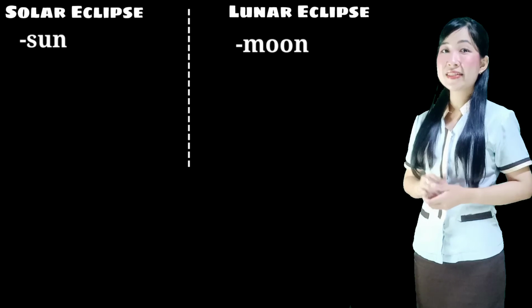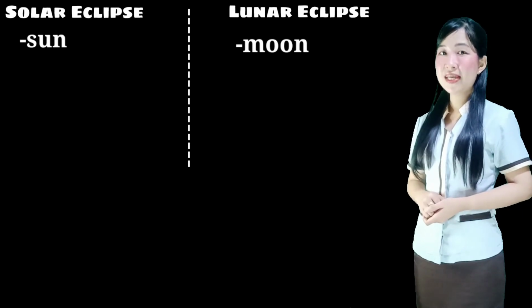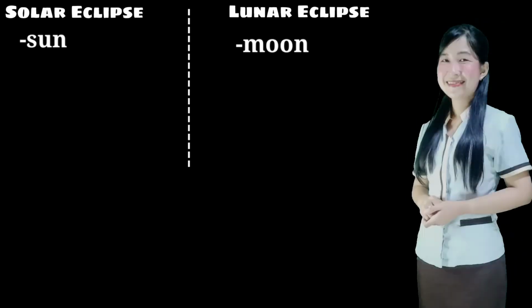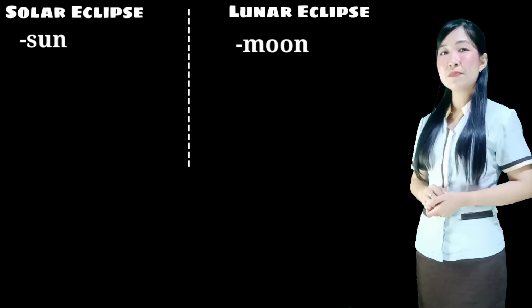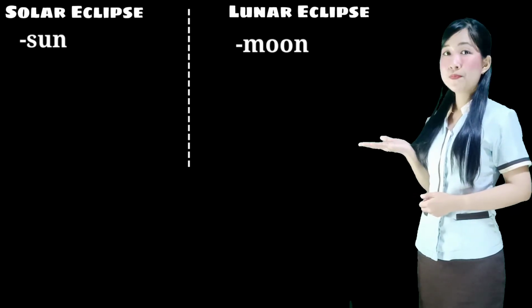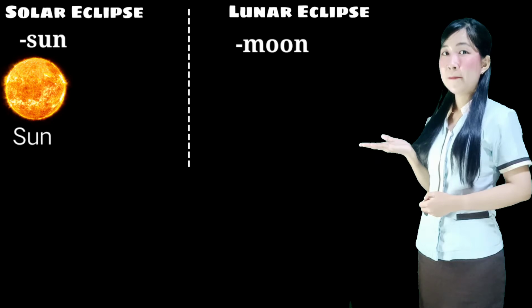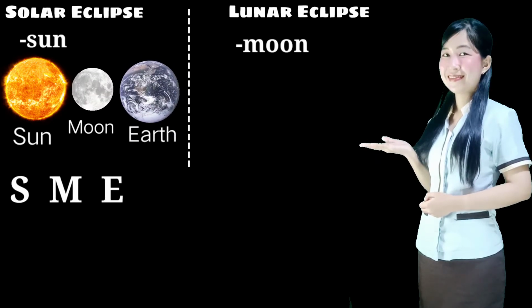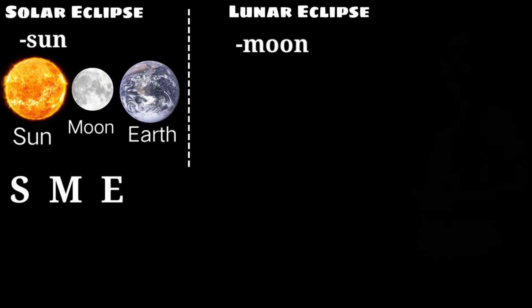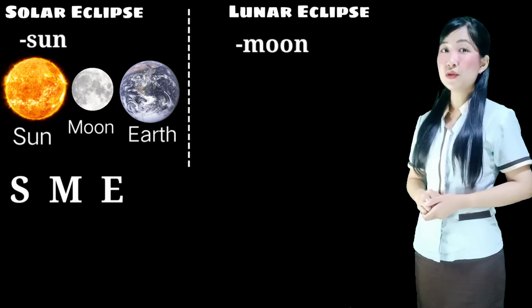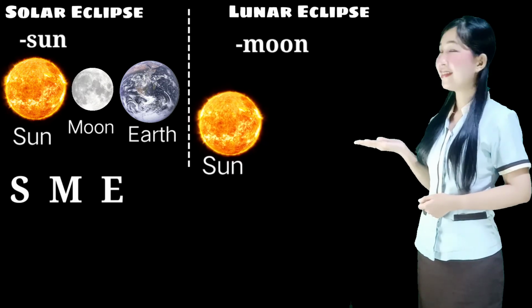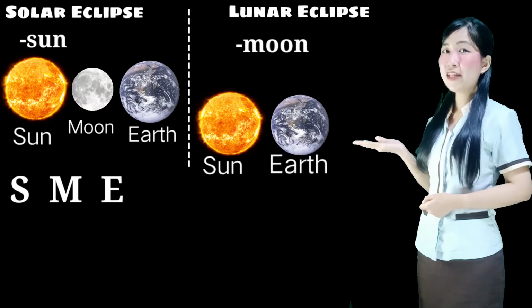You can also identify the difference between the two in the order of the three celestial bodies. During solar eclipse, the order goes Sun, Moon, and Earth. And during lunar eclipse, the order goes Sun, Earth, and Moon.